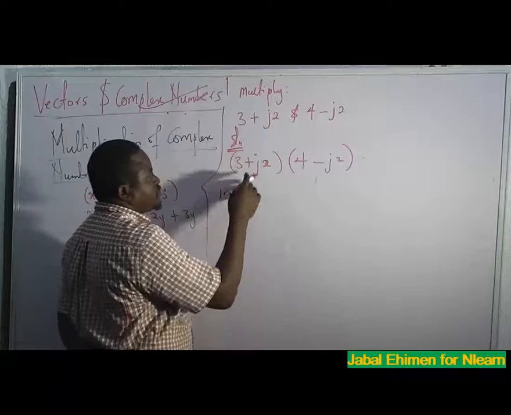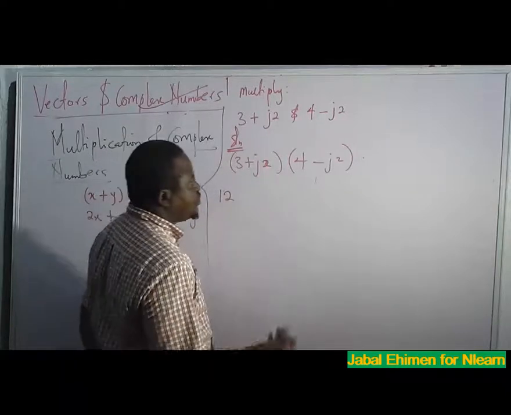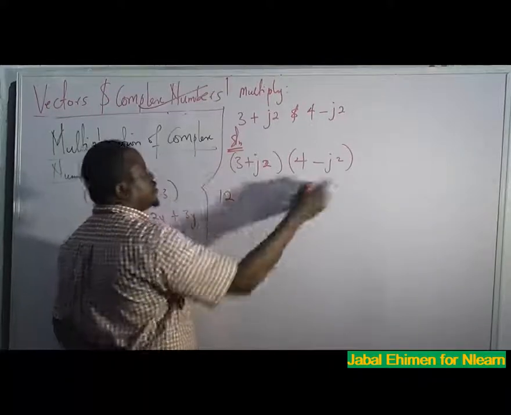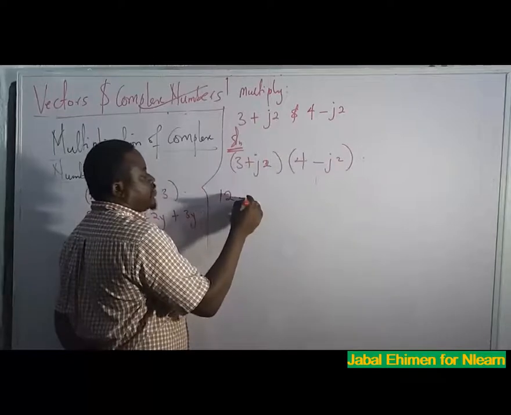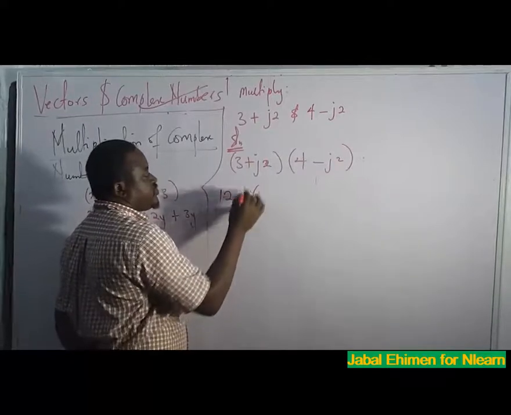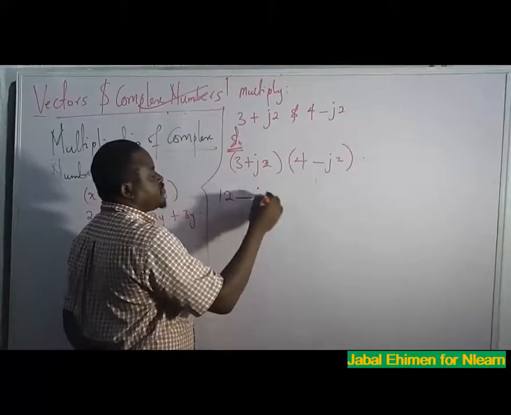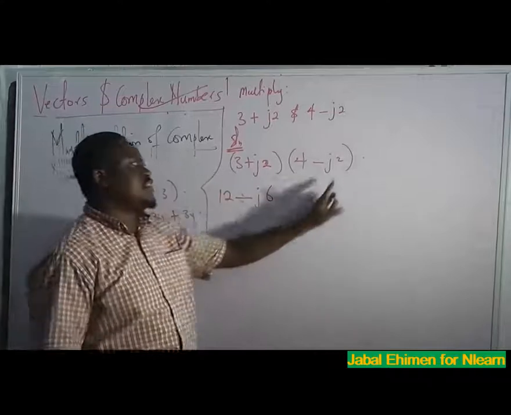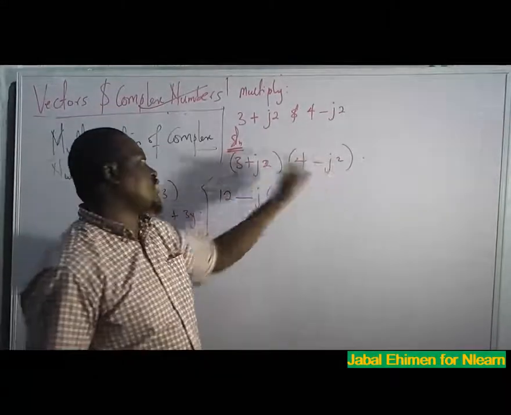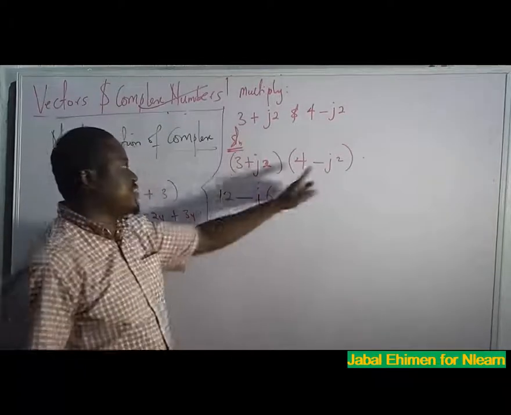If you decide to distribute them, it's simple. Then you have 3 times minus J2, that will be minus J6. Let me write that very well. Minus J6, in the sense that 3 times 4, 12. 3 times J2, 2 times the 3 will give us 6. And the minus sign in front, plus times minus is minus.